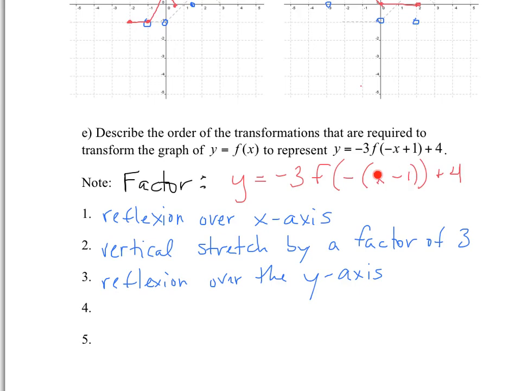So this is a translation 1 to the right, and this is a translation 4 up. So translation 1 right, and we're going to have another translation of 4 up. And all those would combine, all these transformations would combine to sketch the new graph.